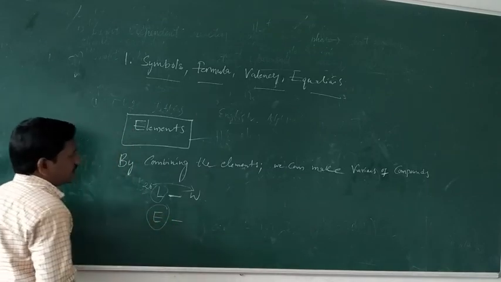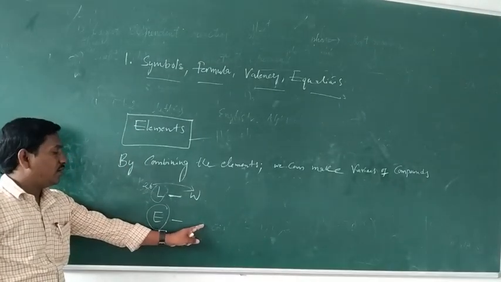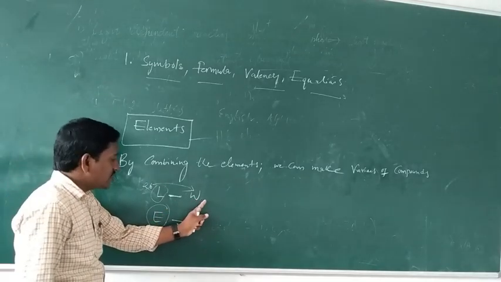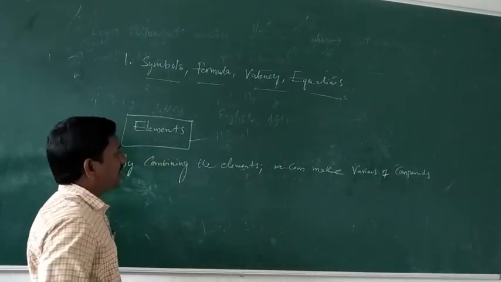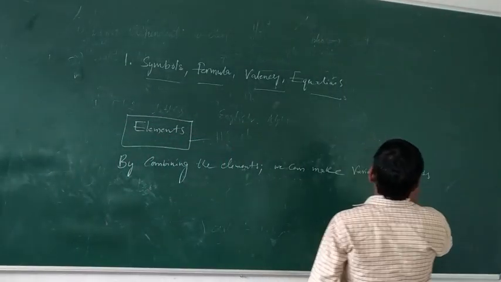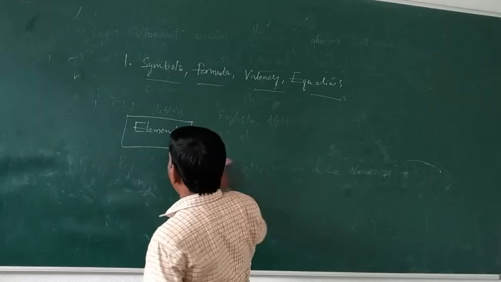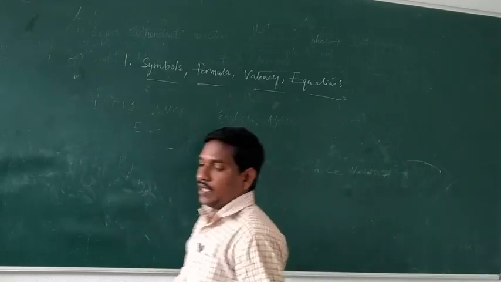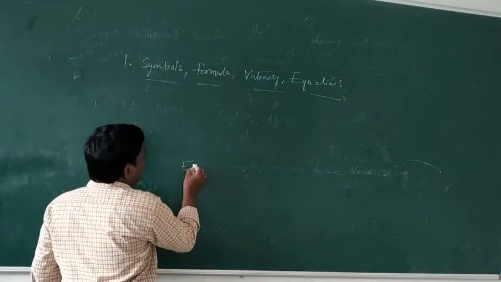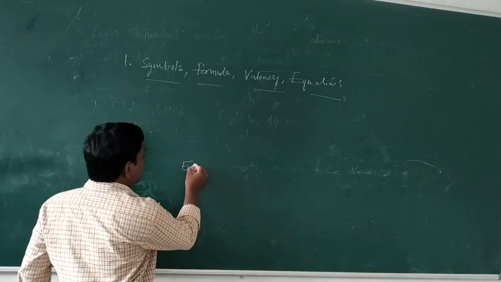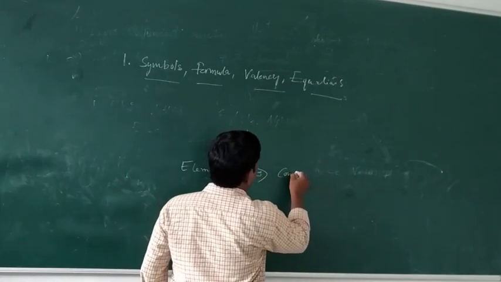By combining the elements we can make compounds. The compounds are made from the elements, like the words are made from the letters. So finally, we know that elements form the compound. Elements give rise to compounds.